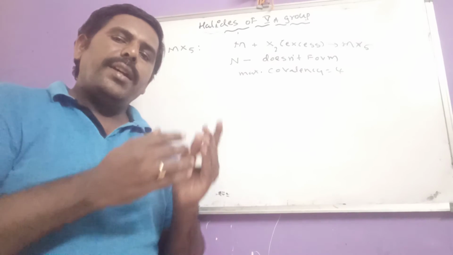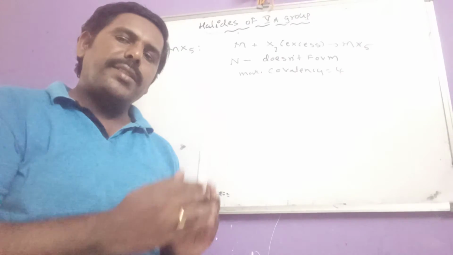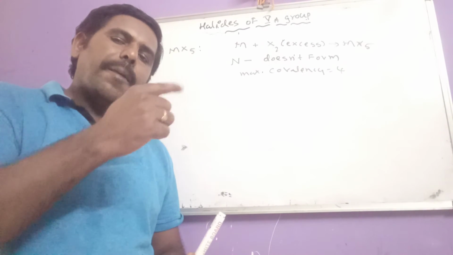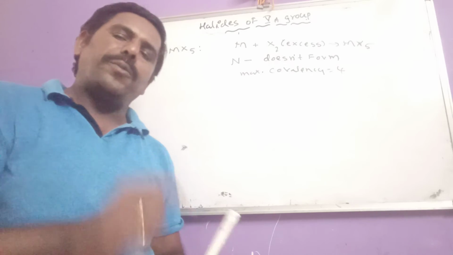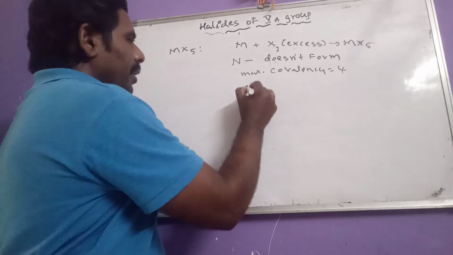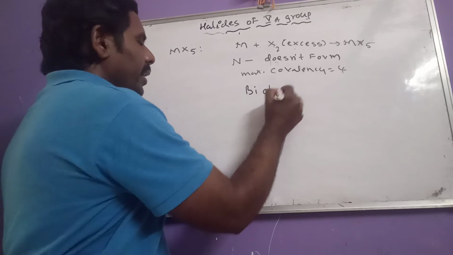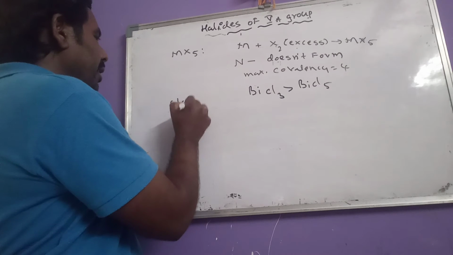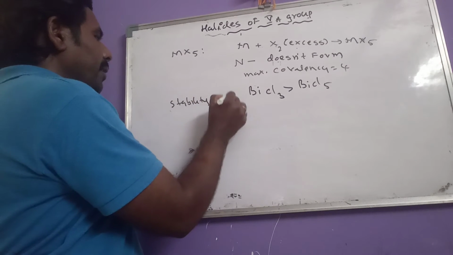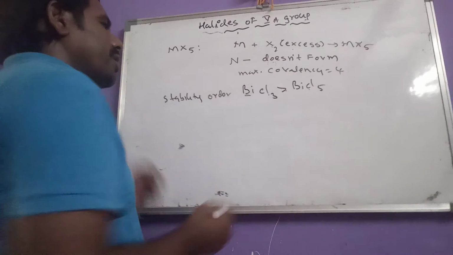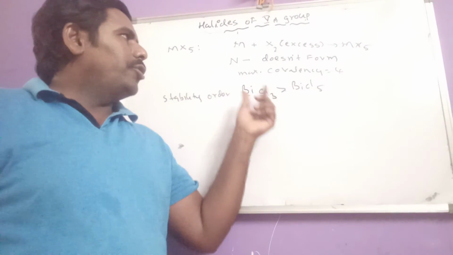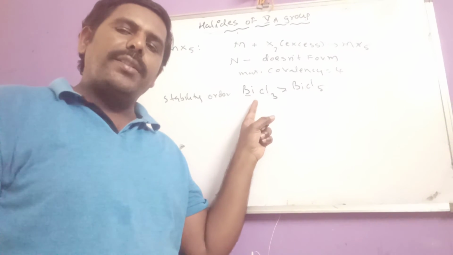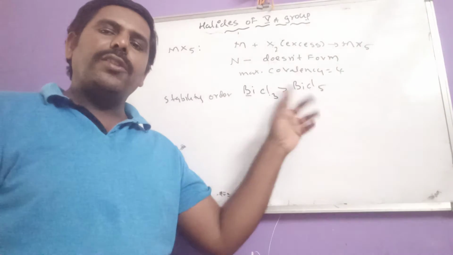And another one: we know that +3 oxidation state stability increases from top to bottom, and +5 stability decreases from top to bottom. So for that reason, BiCl3 is more stable than BiCl5. This is the stability order. BiCl3 is more stable than BiCl5 because, due to the inert pair effect, for bismuth +3 is the more stable oxidation state compared with +5.